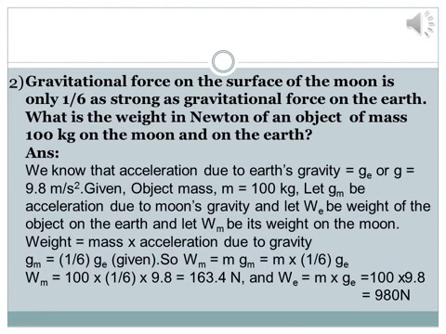And We is equal to m into Ge, which is 100 into 9.8, which is equal to 980 Newton. Here we have found that weight of the object on the moon is equal to 163.4 Newton and weight on the earth is equal to 980 Newton.